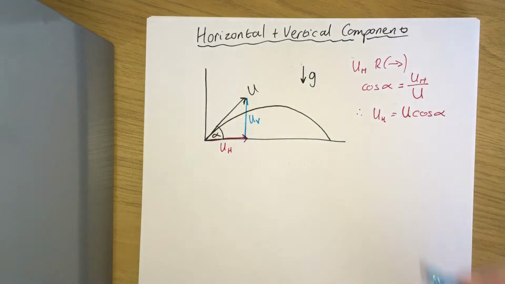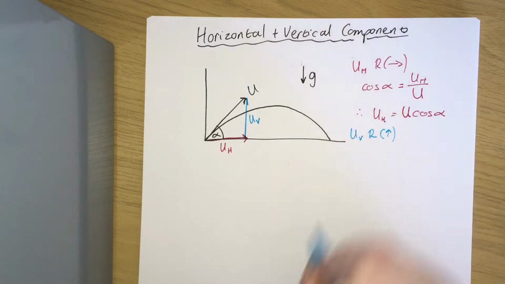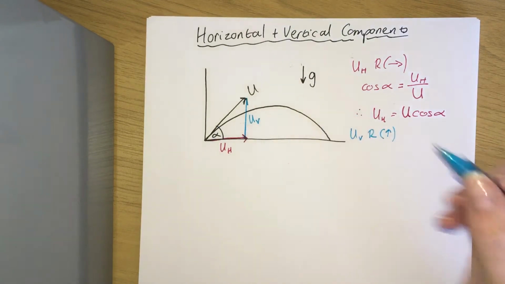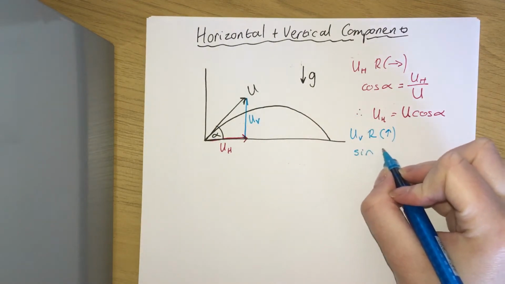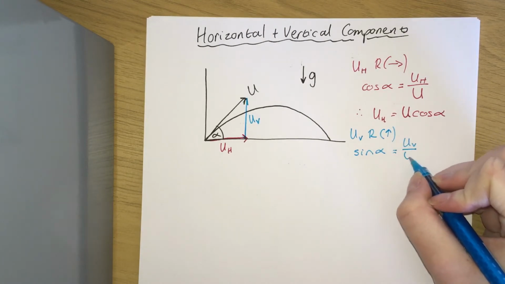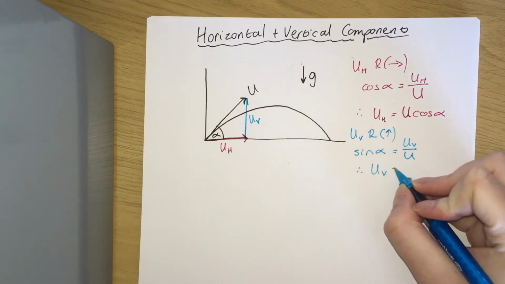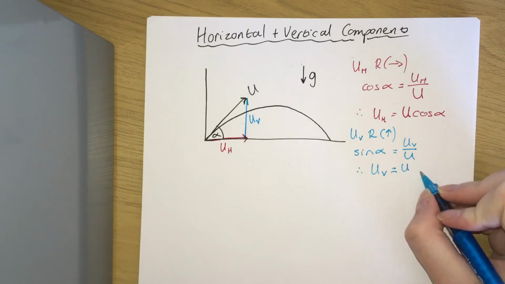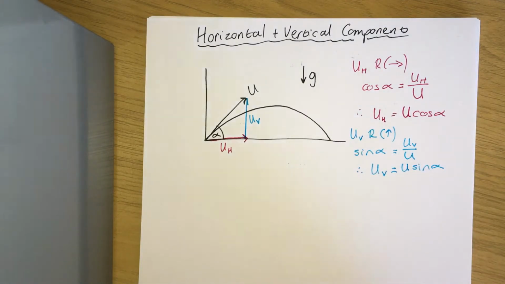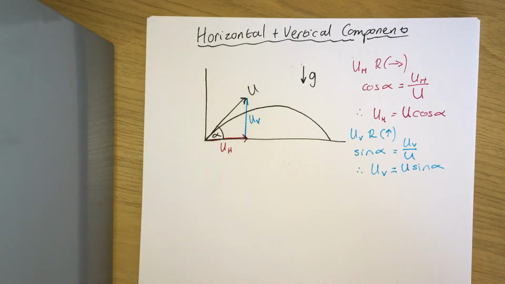And our vertical velocity, so we're going to resolve vertically. If this is a right angle triangle, then sine of alpha will be equal to our vertical velocity over our overall initial velocity. So therefore our vertical velocity is the overall initial velocity multiplied by sine alpha. This tells us the rate at which it's travelling vertically and horizontally.